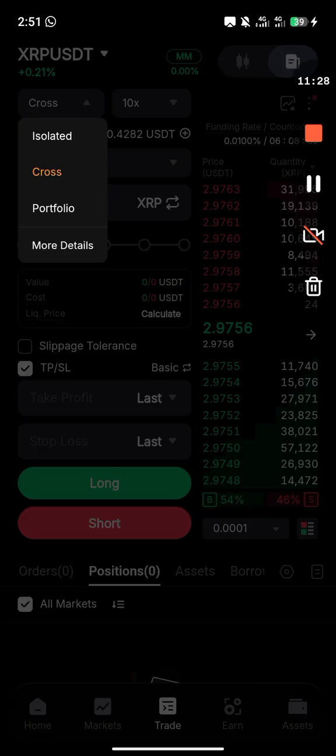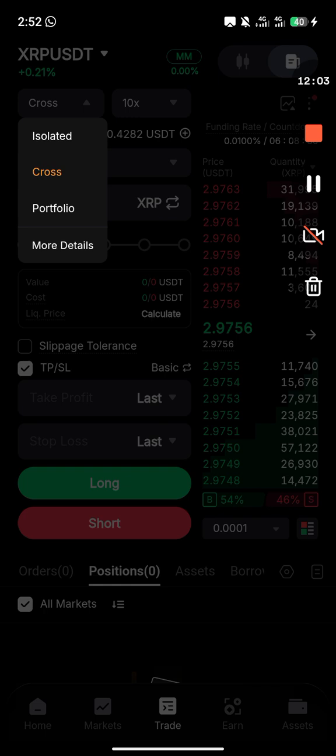If I don't set my stop loss, I can only lose my $10. Cross means that if I have $100 in my portfolio and I use $10 to buy SRP, after I've lost my $10, the trade will continue with the money in my portfolio. So I have $90 left. If my $10 gets liquidated, the trade will continue even with my portfolio. So I can eventually lose both the $10 and my $100 in my portfolio. That is cross.